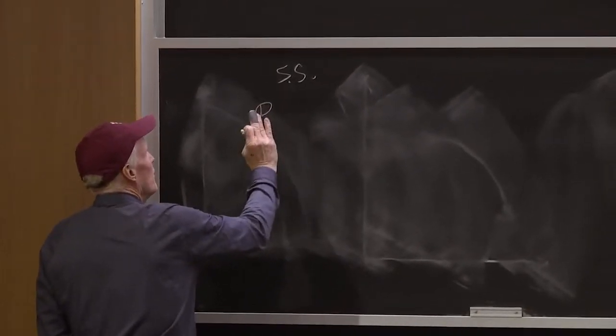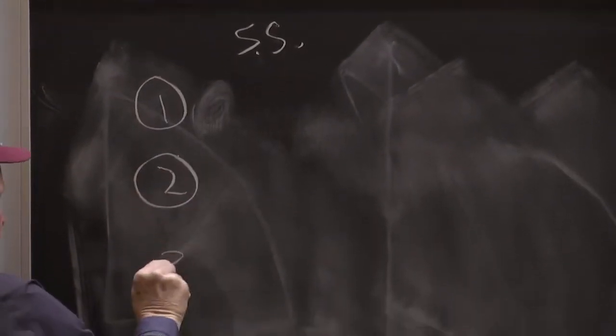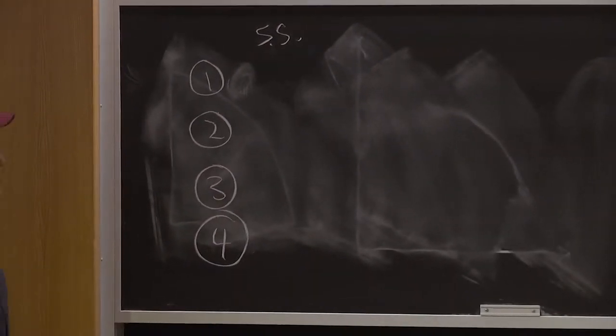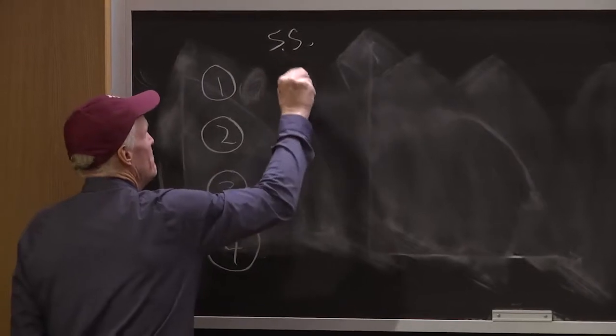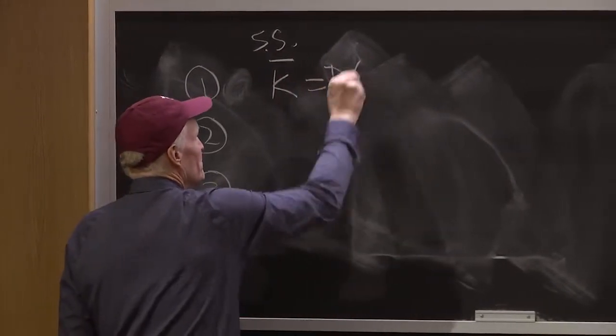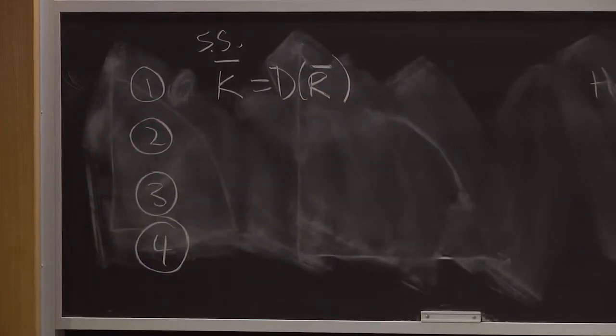And so my steady state equations are just the constant versions of the same four equations I put on the board there. Number one is K bar, the steady state stock, has to be the amount that people demand at R bar, right? So just the same market equilibrium I had.